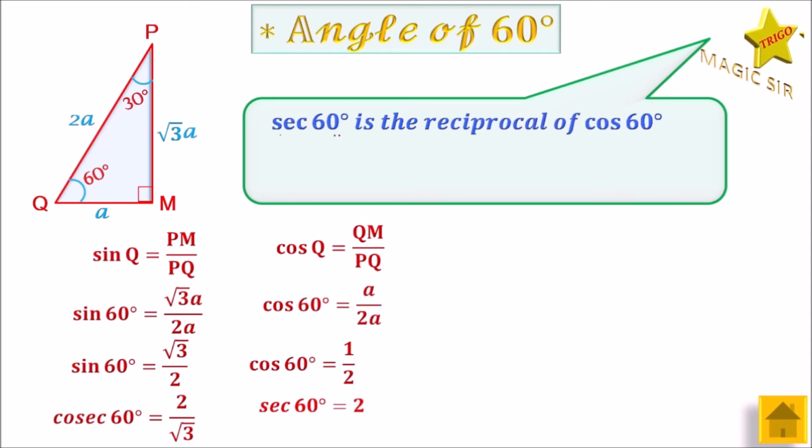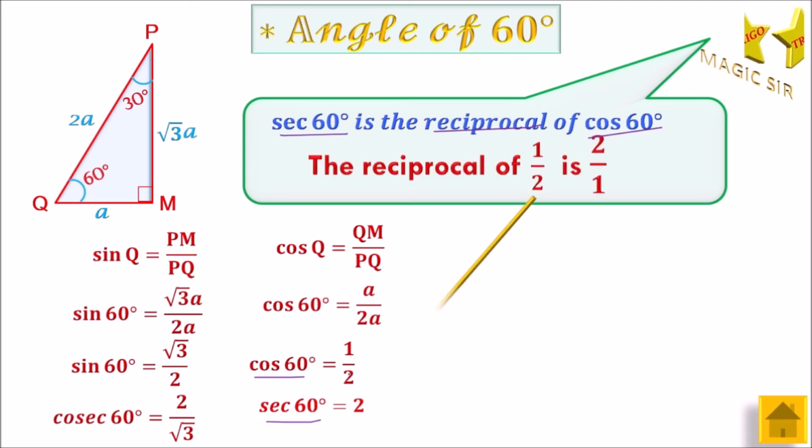We know that sec 60 is the reciprocal of cos 60. That is, cos 60 and sec 60 are the reciprocal of each other. The reciprocal of 1 upon 2 is 2 upon 1, that is 2.